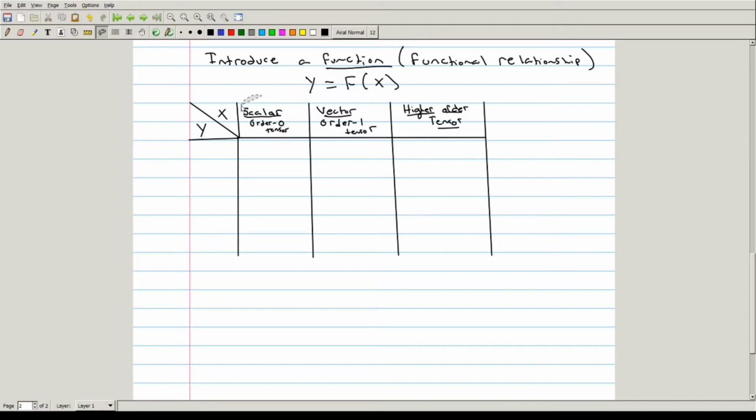And just like the independent variable, the dependent variable could also be any one of these things.